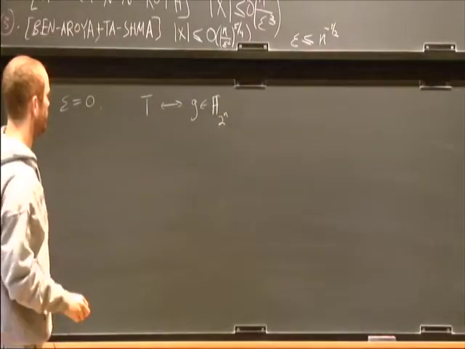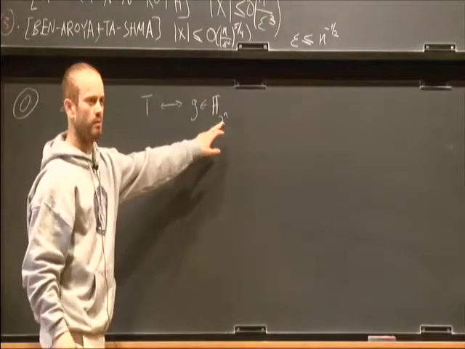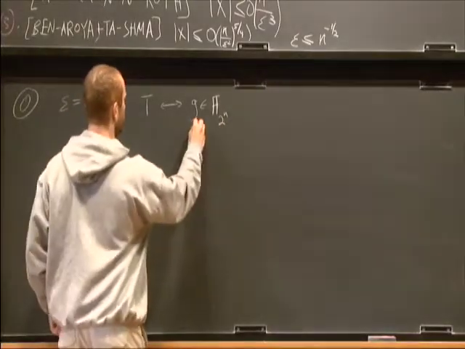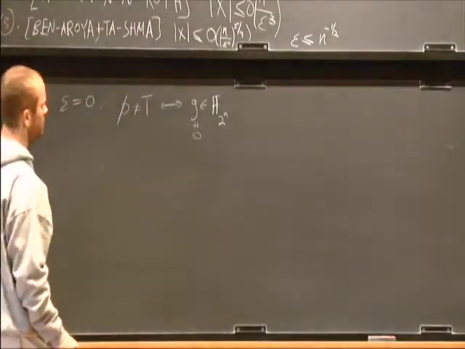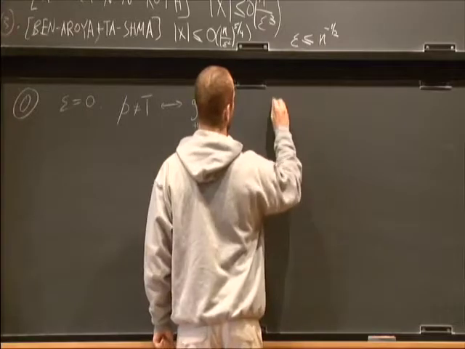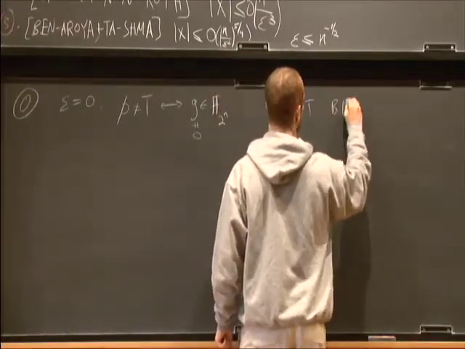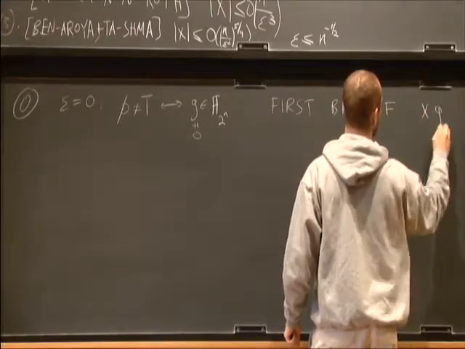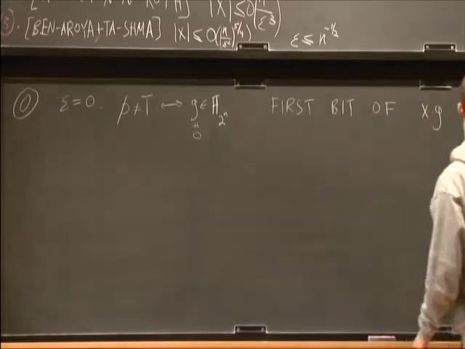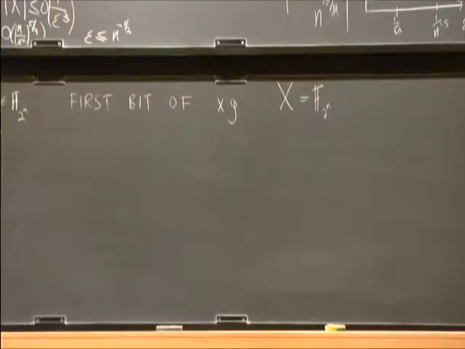This is one way to define it. So we will think of a non-empty set as an element in here, which is non-zero, if this is non-empty. And what we will do is we'll take the first bit of x times g, where x is everything. So this will be our construction.